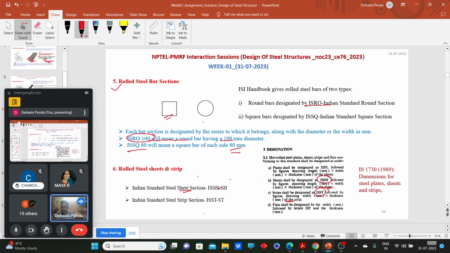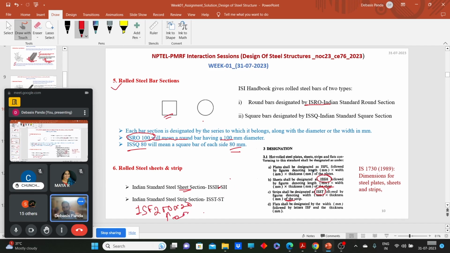Indian Standard Sheet sections are specified by length, width and thickness, but the strip sections are specified using only width and thickness. And one more section, ISF, Indian Standard Flat Plates, generally small width plates. ISF is denoted, for example, 200 into 20. That means we have an Indian Standard Flat Plate section of width 200 mm and thickness 20 mm.